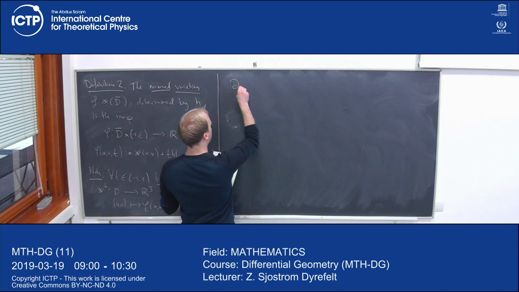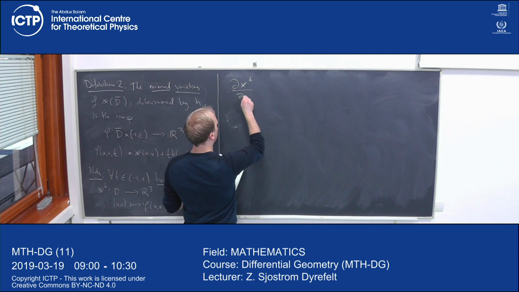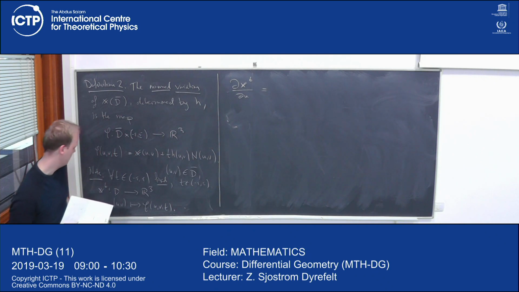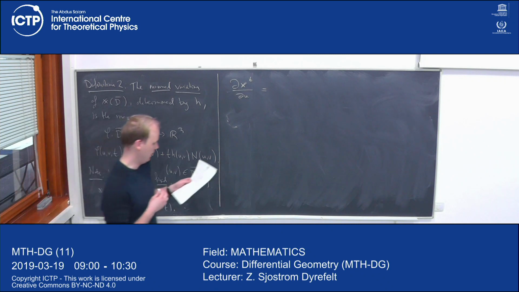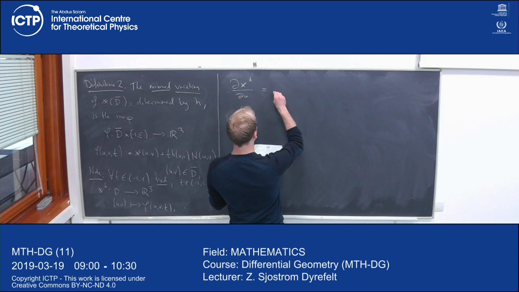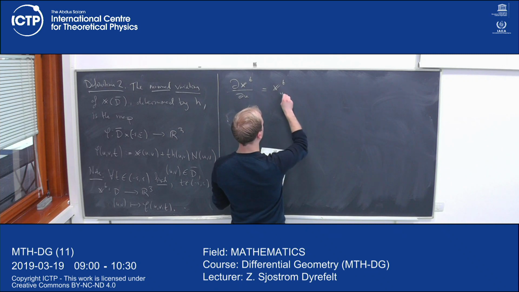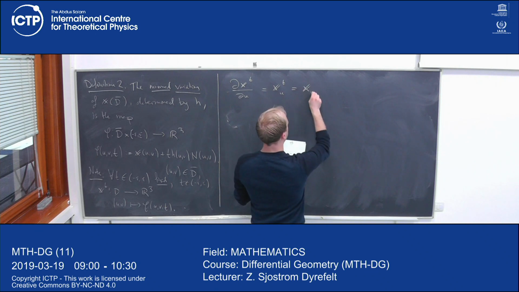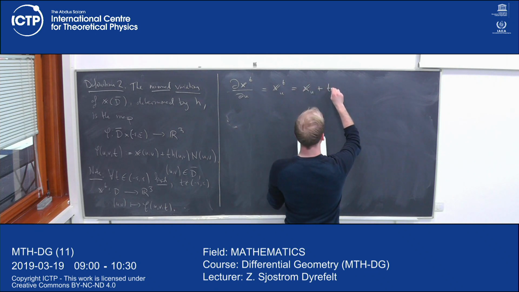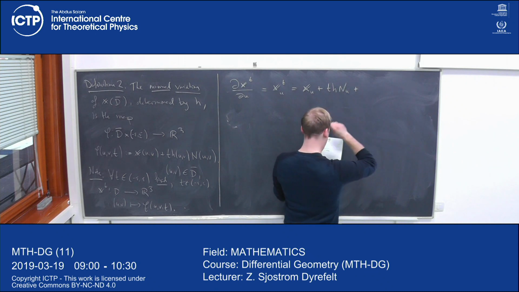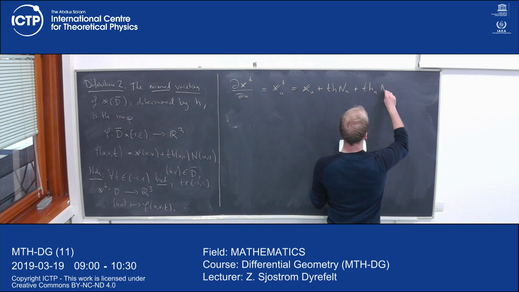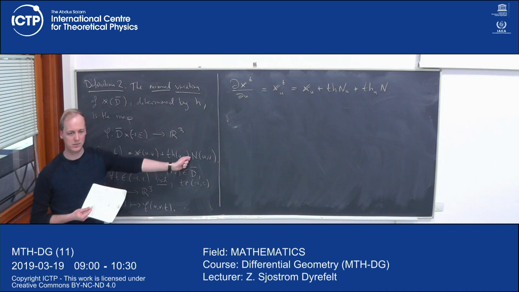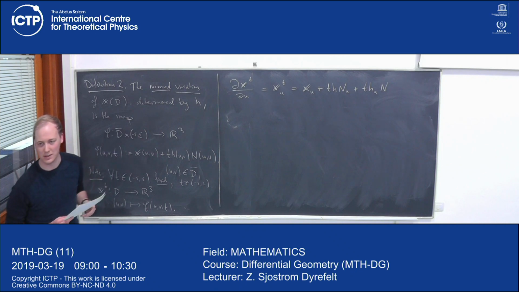So what does this satisfy? If I look at this x_t and derive it in the direction of u, this is what is called x_tu so far, by definition. This is equal to x_u plus t h n_u plus t h_u n. You have phi of (u,v,t) is this, and then you differentiate it and you get exactly that.